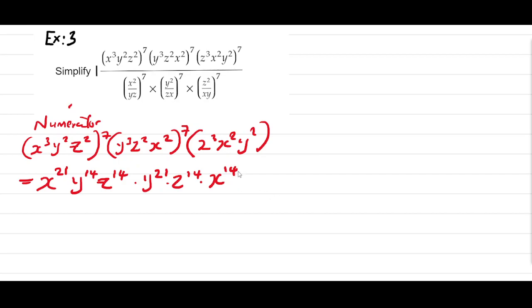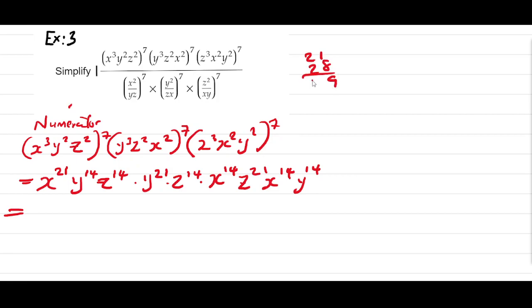And then we'll have, of course, to the 7, z to the power of 21, x to the power of 14, y to the power of 14. This reduces to, we have to add 21 plus 14 plus 14.